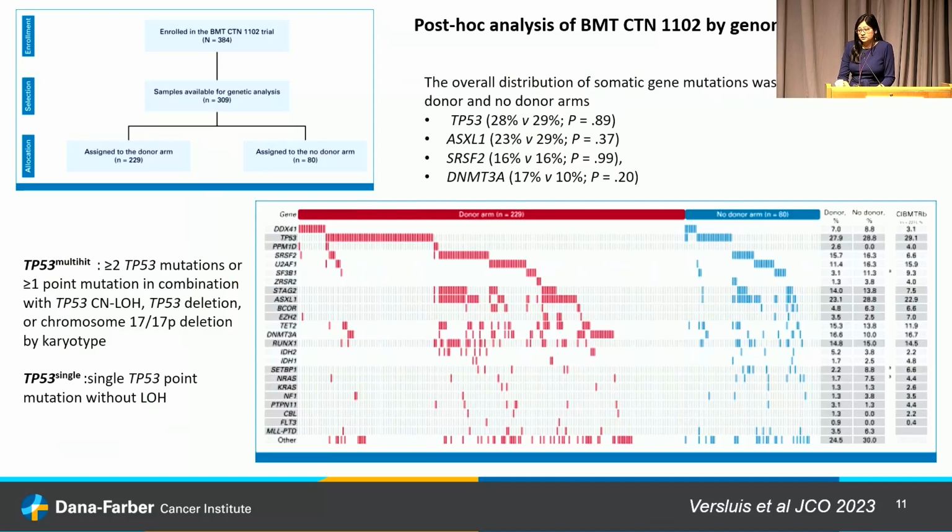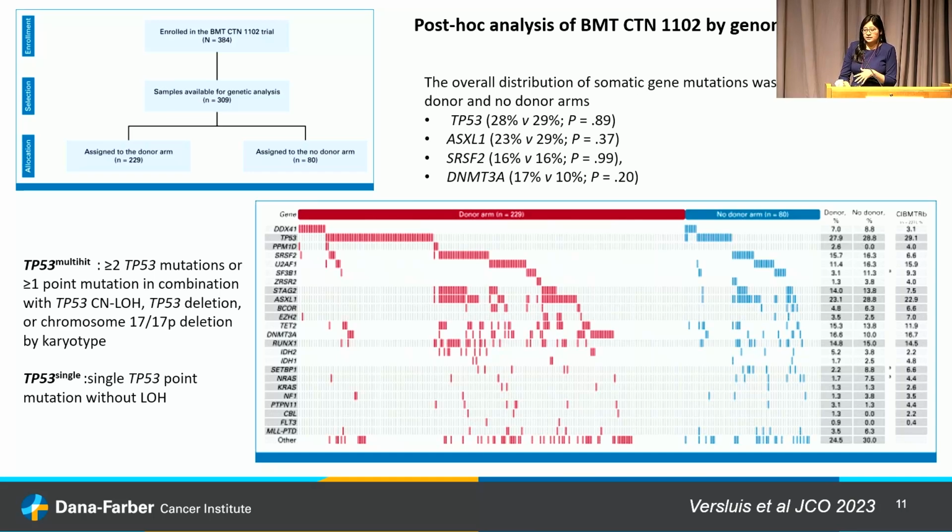So this is an important paper which came out last year and is a post hoc analysis of BMT-CTN 1102 by genomic stratification and came out of Coleman Lindsley's group and his postdoc. Here they define P53 just as we have discussed, single hit or multi-hit.